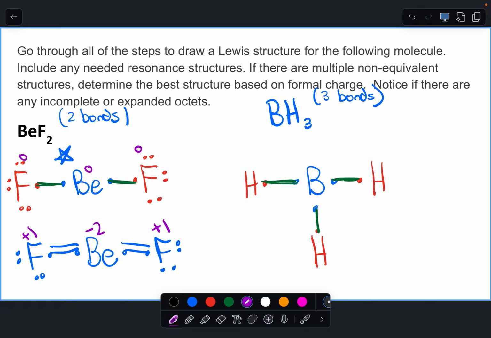This is the exact opposite of that. I think beryllium's electronegativity is like 1.5 and fluorine's is 4. So this is the exact opposite of what we would expect, okay? So it's another good example of formal charge indicating to us which one is the better structure.